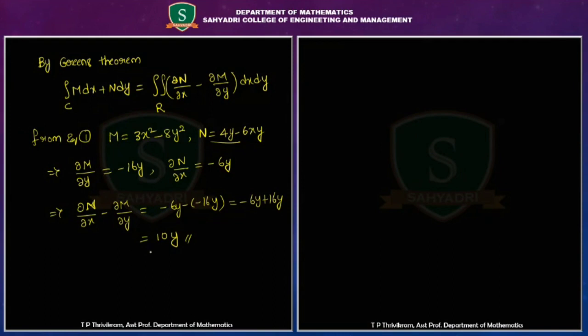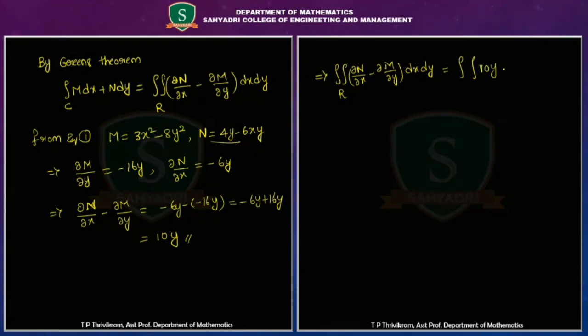Okay. Now we need to integrate this 10y. So implies the double integral over the region R of dou N by dou x minus dou M by dou y, dx dy, is equal to the double integral of 10y.